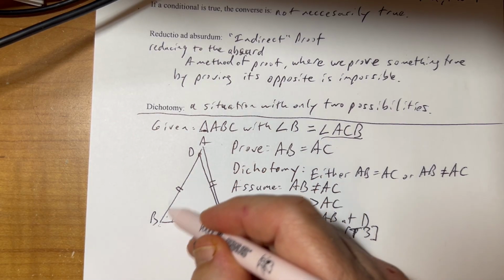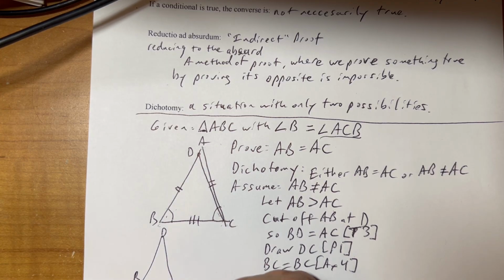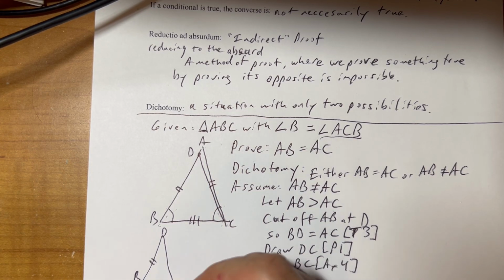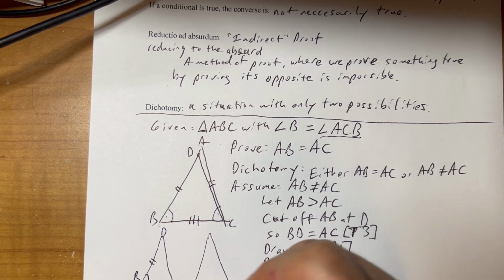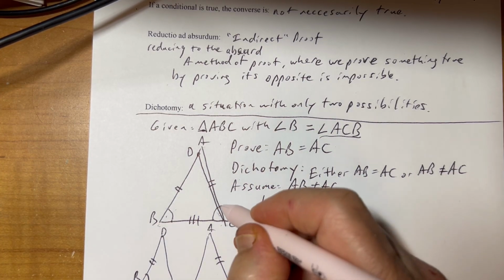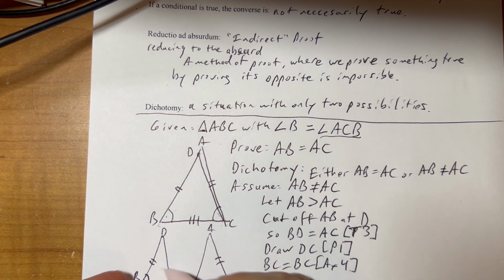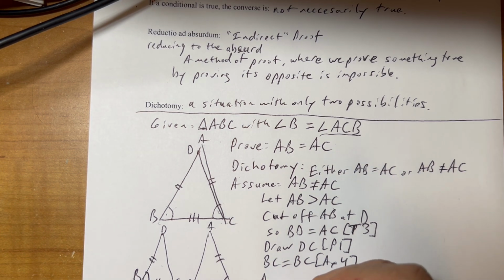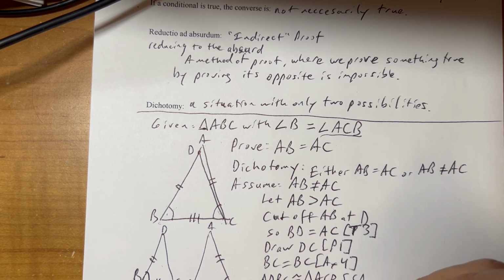Now I have side, angle, side for triangle DBC. This side, I have this side, and I have this angle. And then I also have the original triangle ACB, and I have AC is equal to DB. I have BC is equal to itself, and I have this angle ACB equal to this angle B over here. So these 2 triangles have to be congruent. DBC must be congruent to ACB by the SAS.